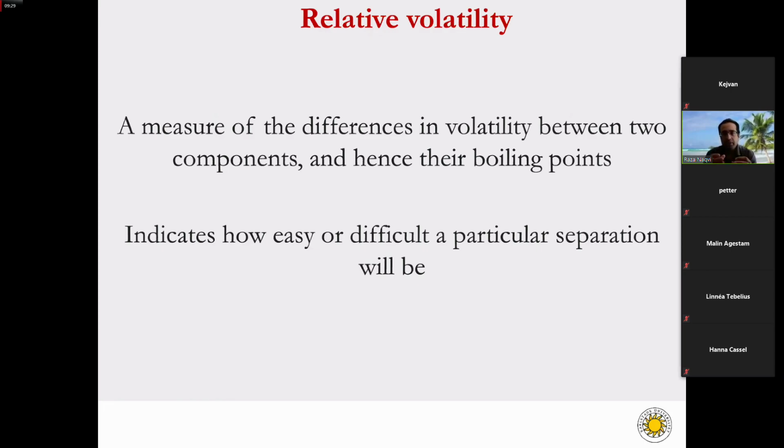The relative volatility gives us information about the differences in volatility between two or more components. And this is also reflected in their boiling points. It is also a measure of how easy or how difficult a separation will be, right? So relative volatility helps us indicate how easy or difficult a particular separation will be.